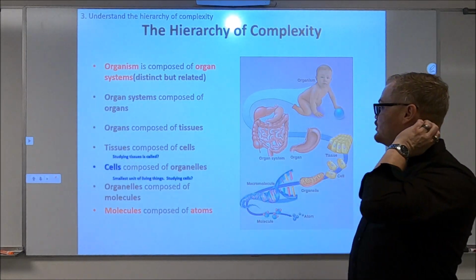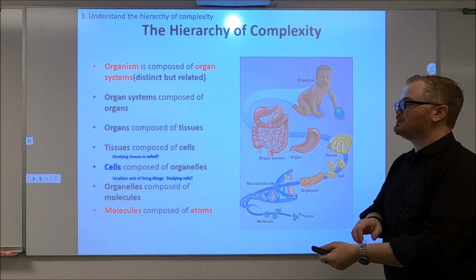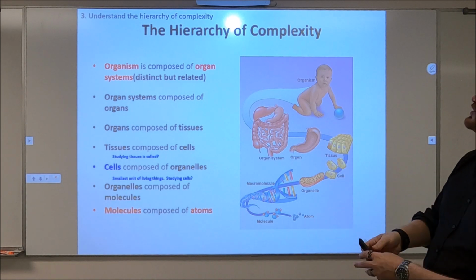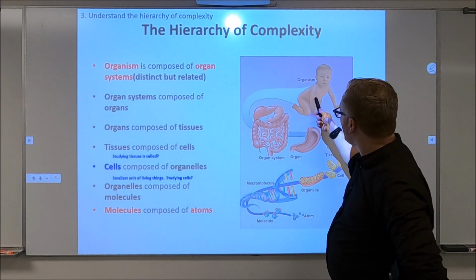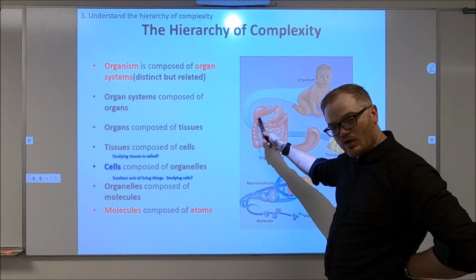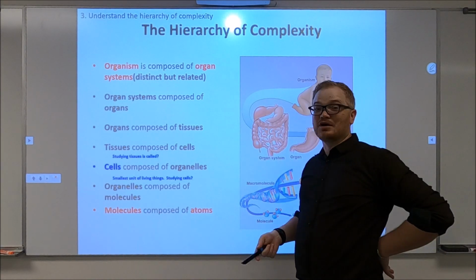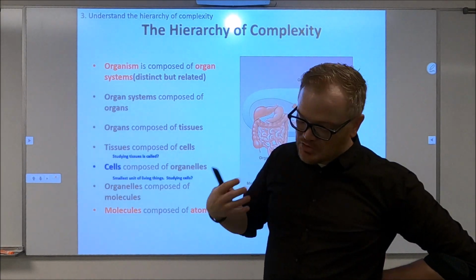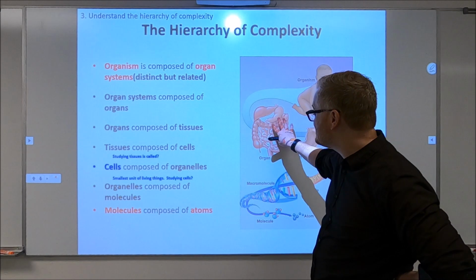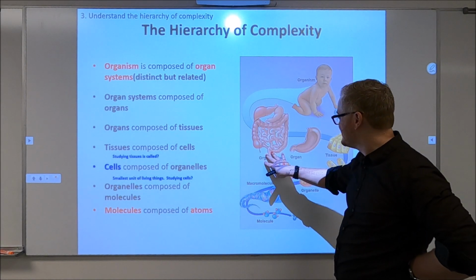Now, if I were you, I would be best friends with the hierarchy of complexity. This is an incredibly important concept to broach here. You are an organism. Those organisms being made up of many organ systems, like your cardiovascular system, you have a urinary system, you have an integumentary system, many systems of the body, this being digestive here.